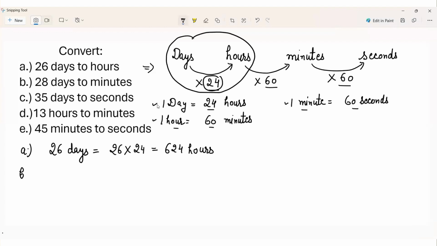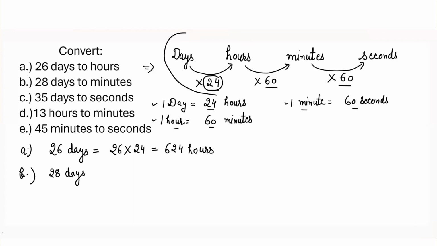Similarly, for part B, it says 28 days and I have to convert it into minutes. So when I convert it into minutes, I will see from days to minutes what numbers are there in that circle. The numbers in the circle are 24 and 60.